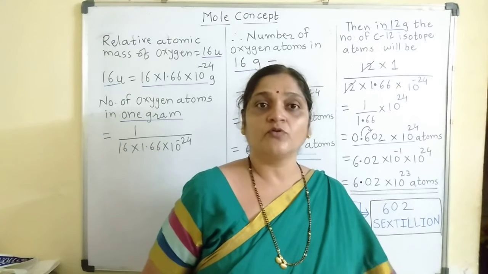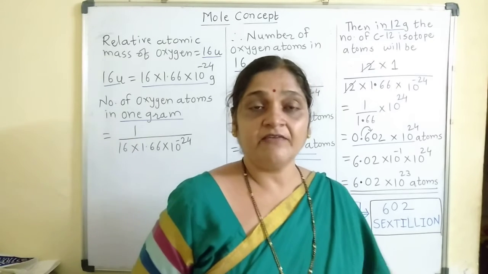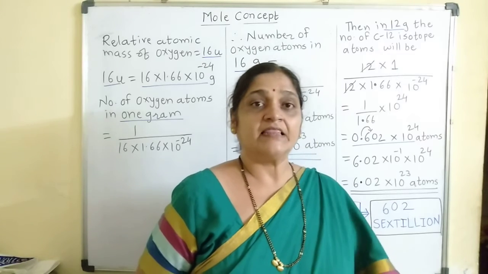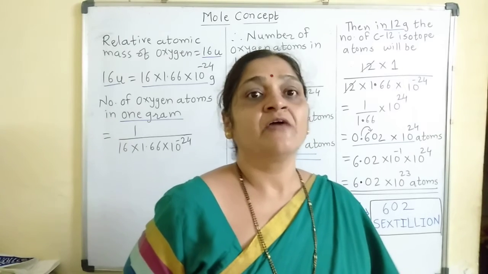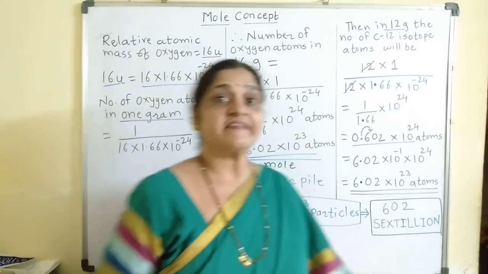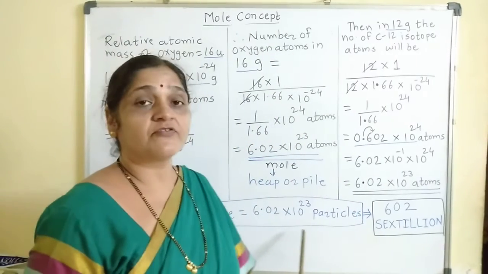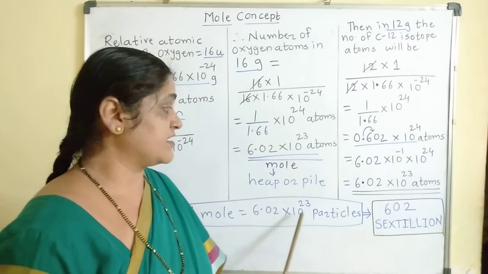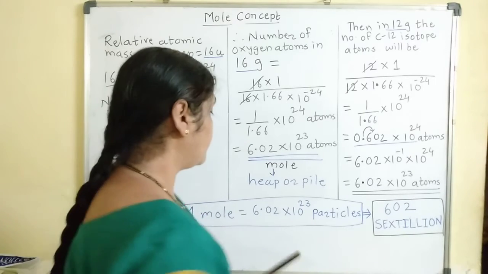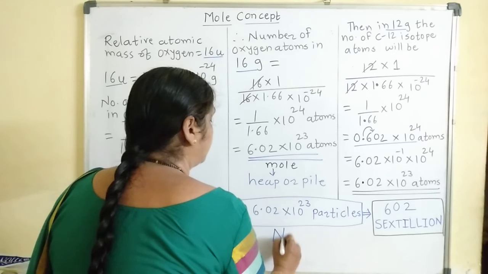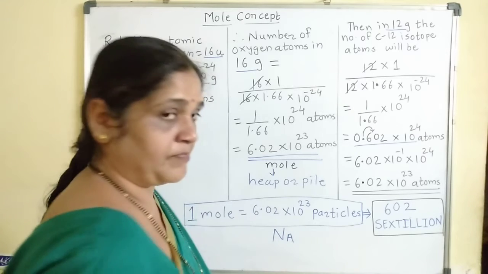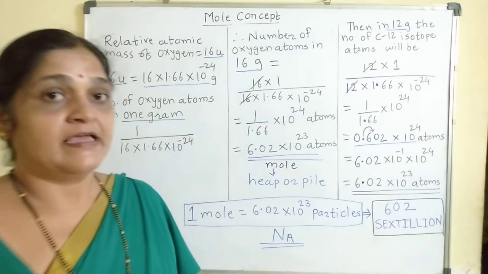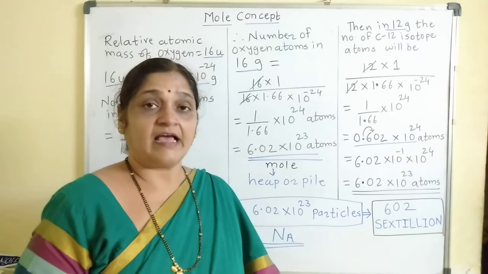And this 1 mole number was given by the Italian scientist Amedeo Avogadro. In his honor, we identify this number as Avogadro's number. So Avogadro's number is 6.02 into 10 raised to 23, and it is always denoted in chemistry by the symbol Na in honor of the scientist Avogadro.